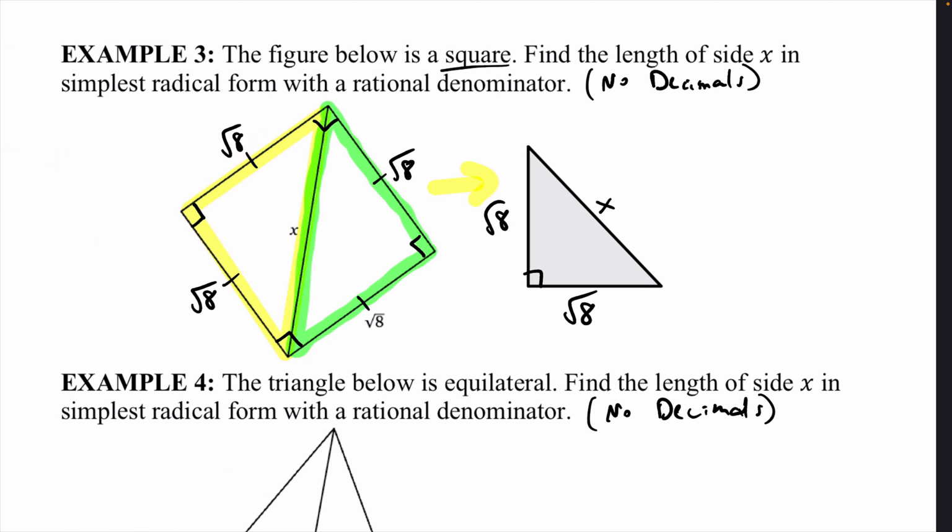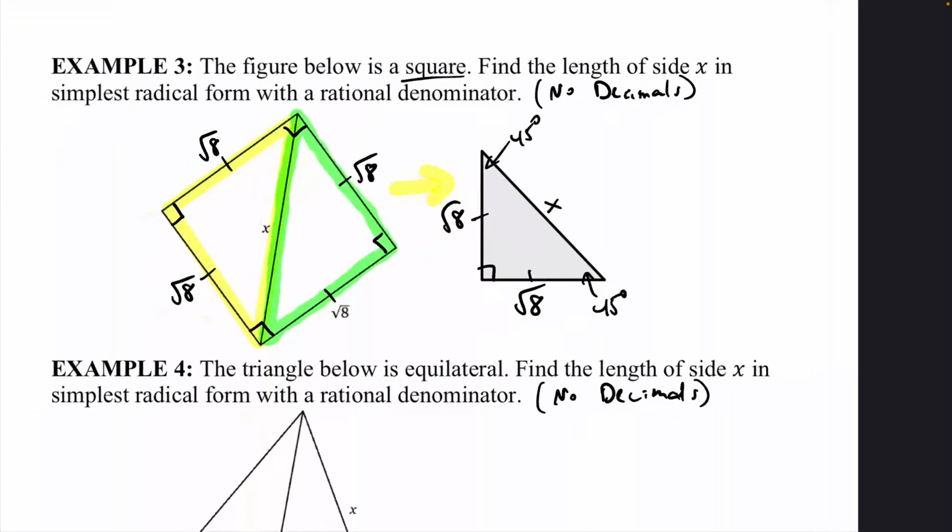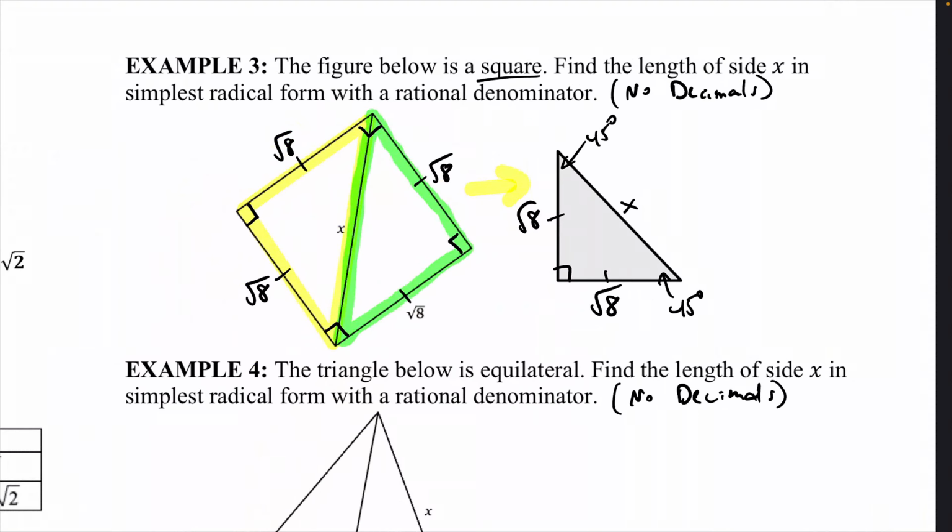So is this a 30, 60, 90 or a 45, 45, 90 right triangle? 45, 45, 90, right? Because if the 2 sides are exactly the same and it's a right triangle, it has to be a 45, 45, 90. Okay, so I have the 2 legs.